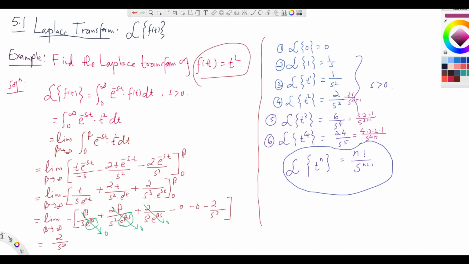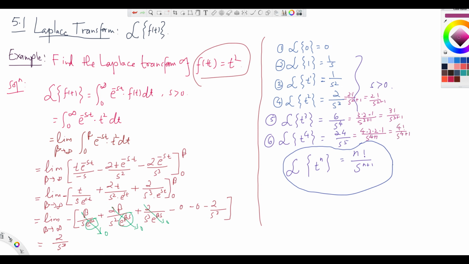Whatever exponent is here, you start to multiply and go down to 1. Start from the exponent and then do 1 less, then 1 less, and so on. So this is basically 2 factorial over s to the 2 plus 1. This is 3 factorial over s to the 3 plus 1. This is 4 factorial over s to the 4 plus 1.